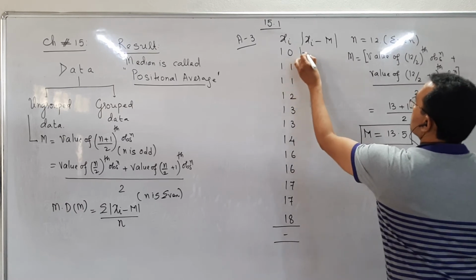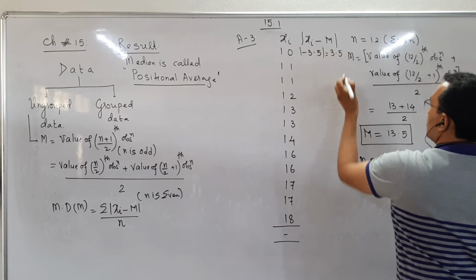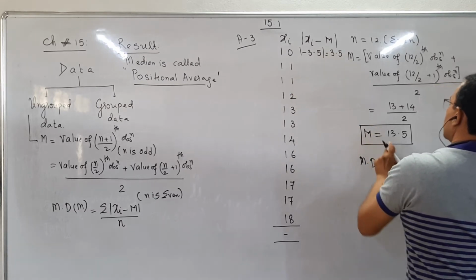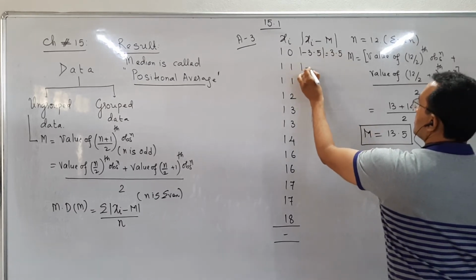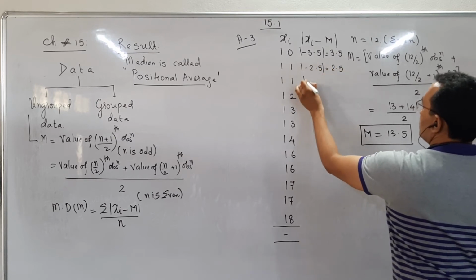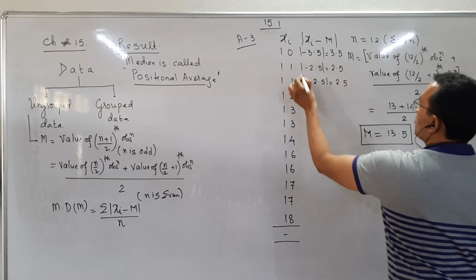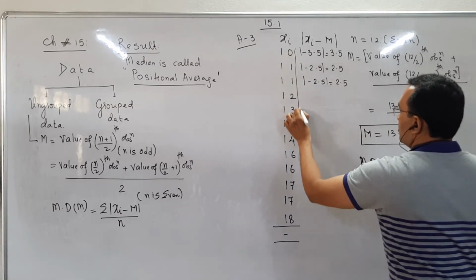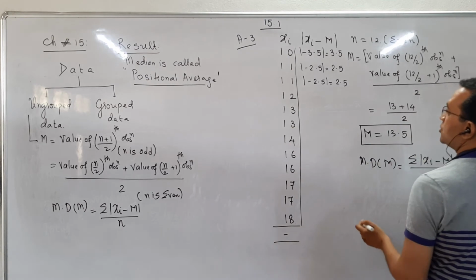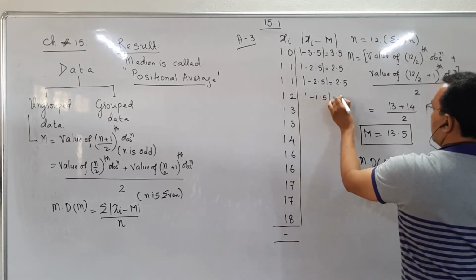So this is minus 3.5. Its mod is 3.5. 11 minus 13.5 is minus 2.5. Its mod is 2.5. Again minus 2.5. Its mod is 2.5. Slightly I'm drawing a line here to differentiate. 12 minus 13.5 is minus 1.5.